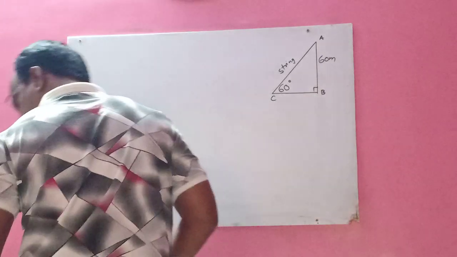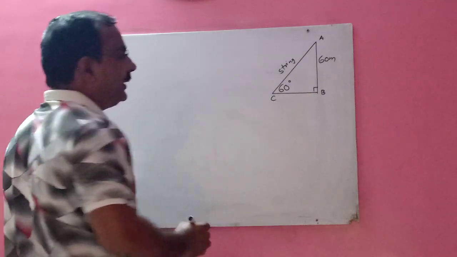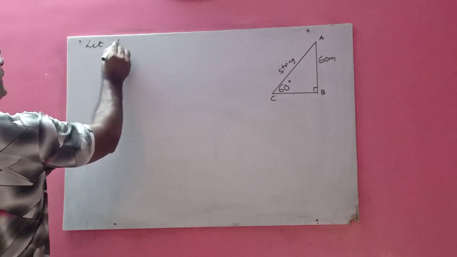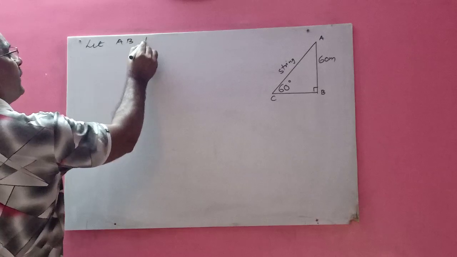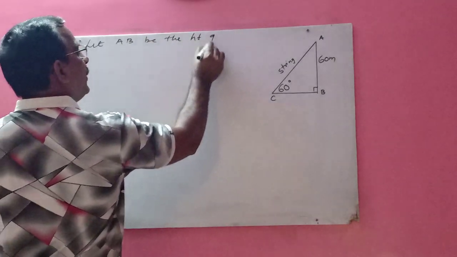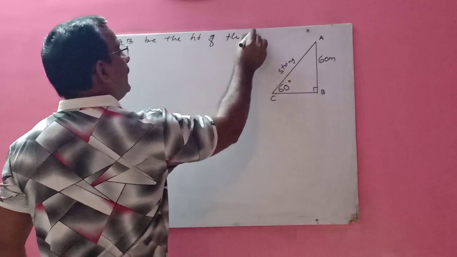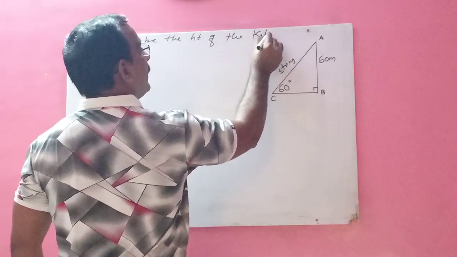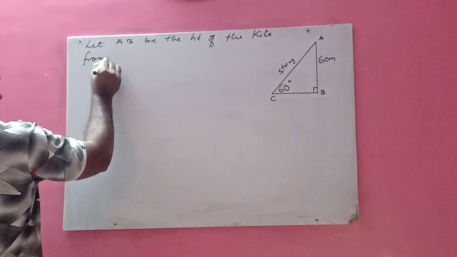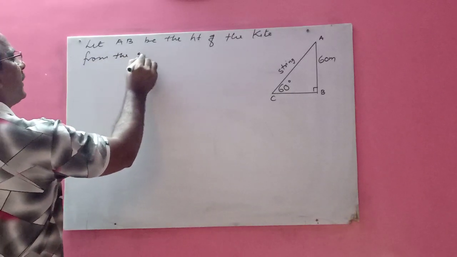Okay. So first what you will do here, write down: let AB be the height of the kite from the ground.